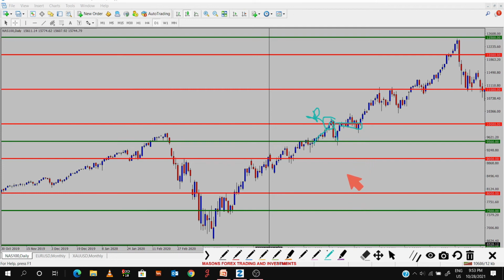We can definitely say that's significant. Price doesn't exactly reach the 10,000 level. There is some resistance right here. You can actually get the exact level.